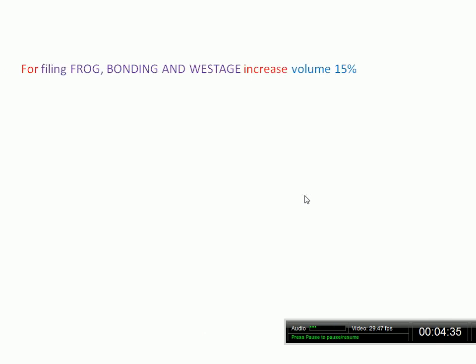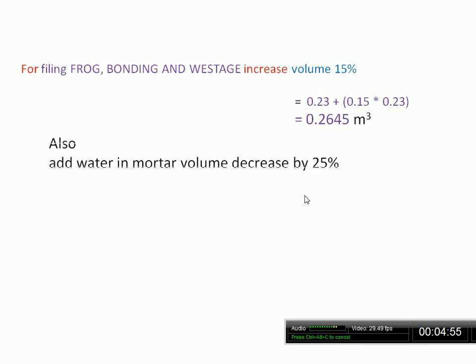Now consider the frog filling, bonding and wastage. Increase the volume by 15%, then 0.23 plus 15% multiplied by 0.23. Our answer is 0.2645 m cube.